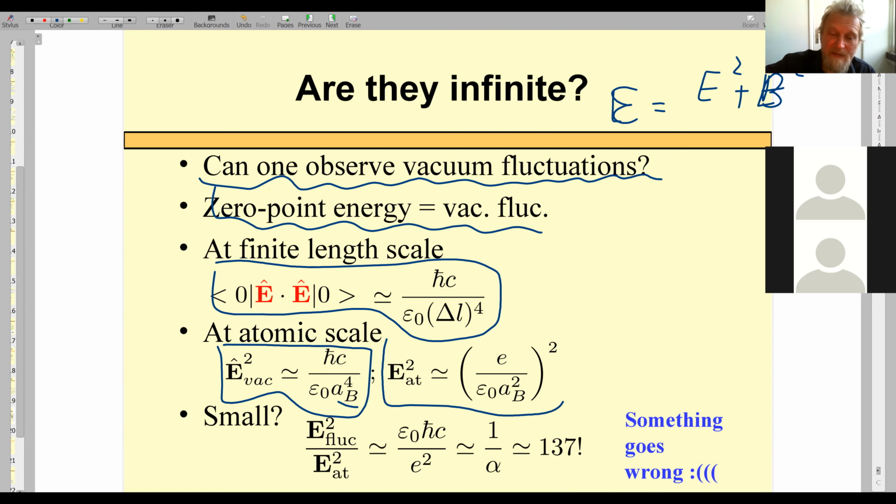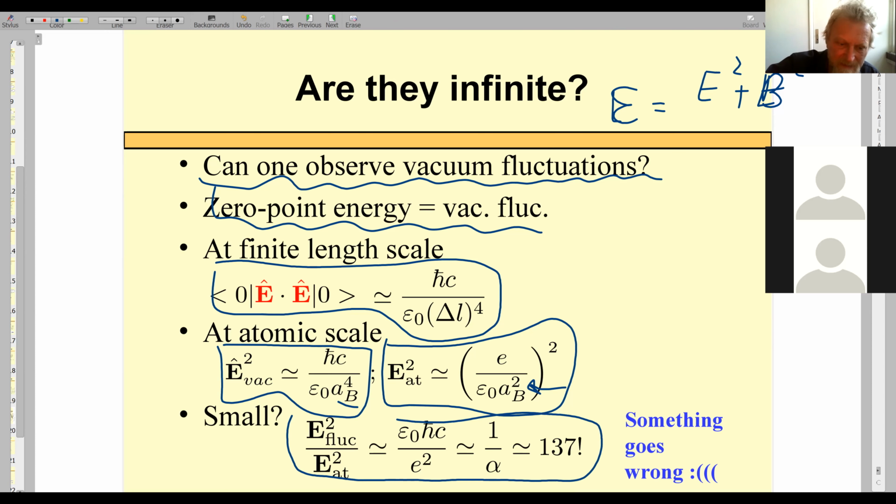Then it's a good idea to compare with this typical atomic field, the electric field at the Bohr radius. We would expect something small, right? Those vacuum fluctuations, perhaps negligible, cannot be observed, but we got an astonishingly big answer.